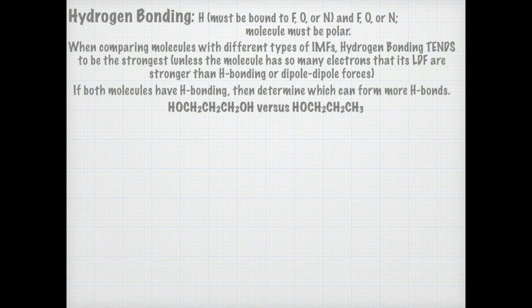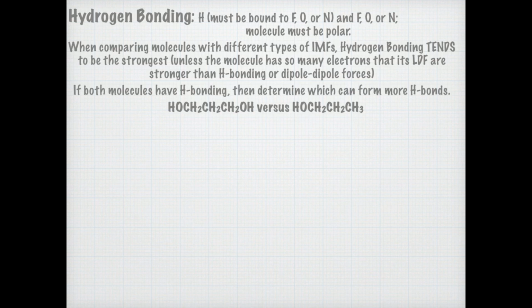And remember, our way of measuring the strength of intermolecular attractions is by looking at boiling point or melting point. The higher your boiling point or the higher your melting point, the temperature at which it boils or melts, the stronger your intermolecular attractions are going to be.